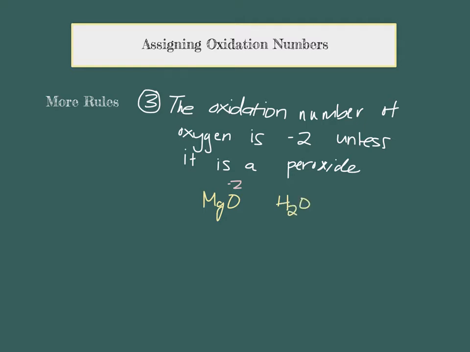In water, the oxygen atom has an oxidation number of -2. However, for peroxides like potassium peroxide or hydrogen peroxide, the oxidation number for oxygen is -1 instead.